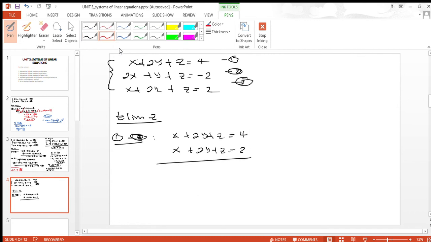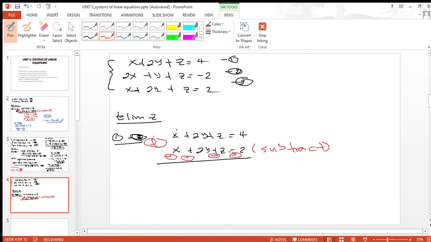Since we are eliminating z, then we have to subtract. Let's subtract equation 3 from 1 because they have the same signs for z. So we change the signs of the terms of this equation, and then we proceed to addition.